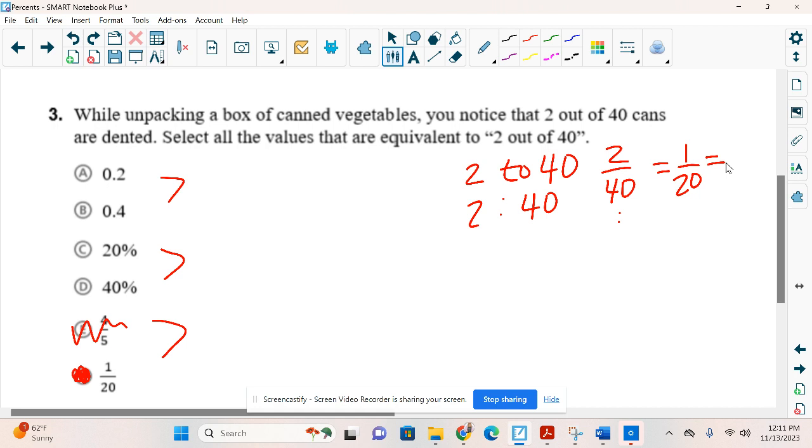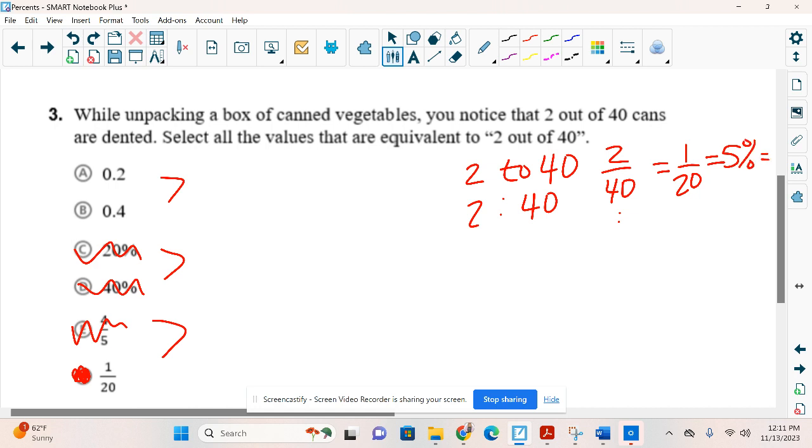Oh wait, I did that wrong. Not 4/20, it's 2/40, my bad. I was going to say that didn't make sense. 2/40 changed to a percent is 5%. So can 5% be equal to 20 or 40%? No. So it's also equal to 5%.